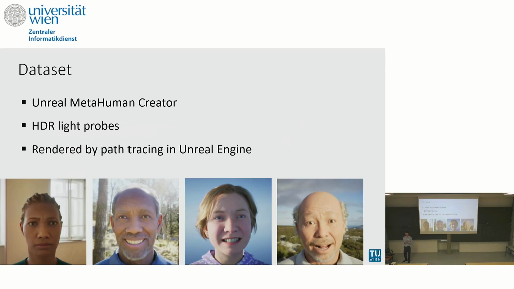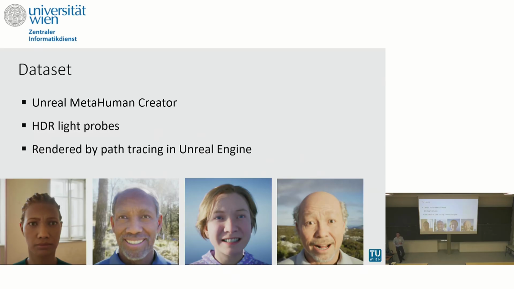So we generated our own data set of human faces, as we wanted our method to work on human faces: we point our camera to the human face, and it should estimate how the light is around this human. We generated these synthetic images. All these humans here are non-existent, they are rendered. For this, Unreal MetaHuman Creator is used, which creates these very nice realistic faces.